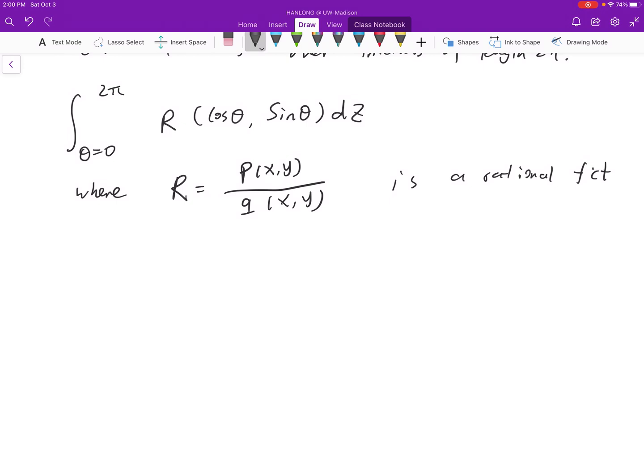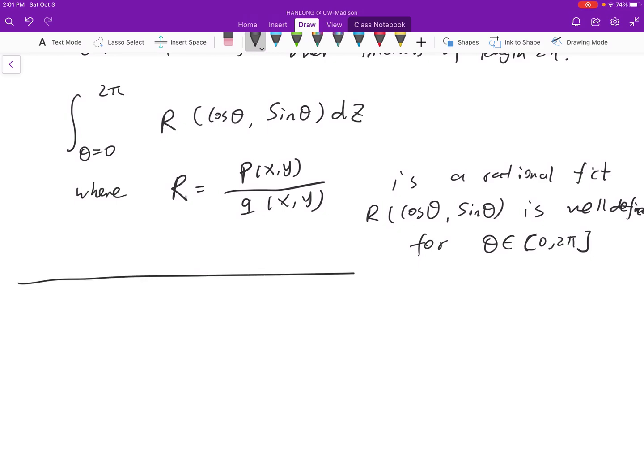Of course, it's not globally defined for all x and y, but we assume that R(cosine theta, sine theta) is well defined for theta in the interval from 0 to 2 pi.